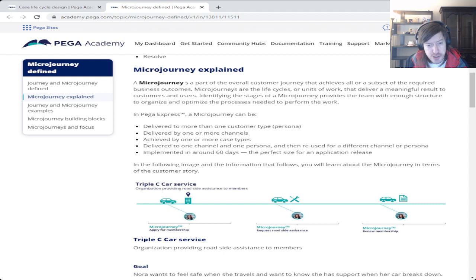In the following image and the information that follows, you will learn about the microjourney in terms of the customer story. Triple C Car Service, organization providing roadside assistance to members. Microjourney, apply for membership. Microjourney, request roadside assistance. Microjourney, renew membership.